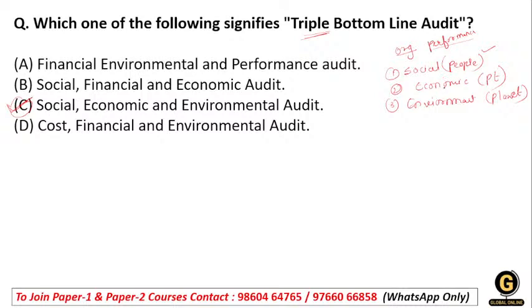When we are talking about economic, we are considering profitability, economic impact and fair business practices. And when we are talking about environmental, it includes sustainability efforts, carbon footprint and resource use. So these make up the triple bottom line audit.